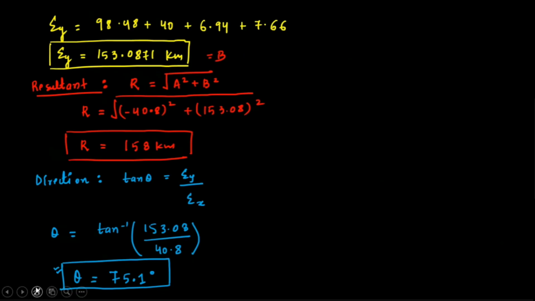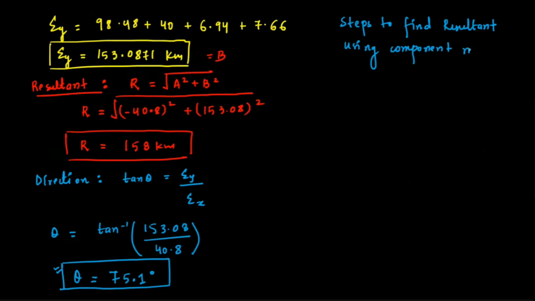So you can write step one: steps to find resultant using component method. First step, as you have seen, first of all, we write the vector along with its direction.